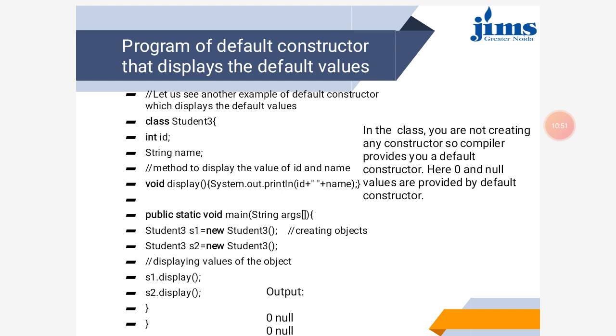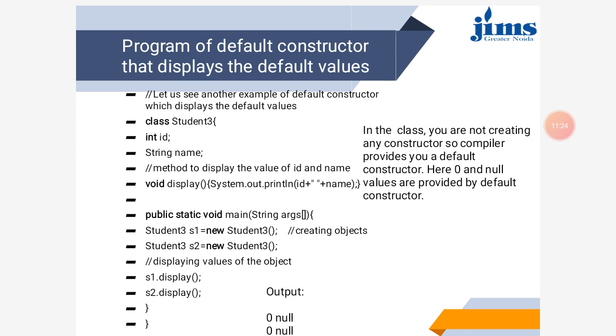See, in this program there is one class, Student3, and it has two instance variables. One is id and the second one is name, and this contains one method. And what is this method printing? This method is printing name and id, and the program starts with a main method, and in the main method we are creating two objects, Student s1 and Student s2.